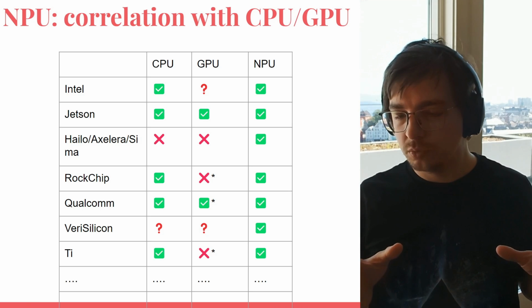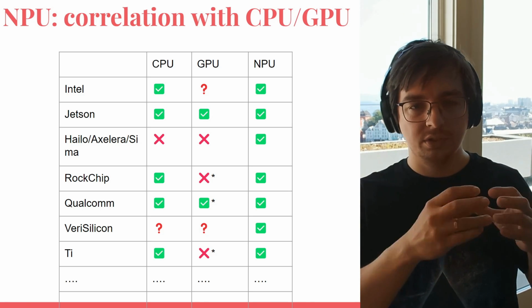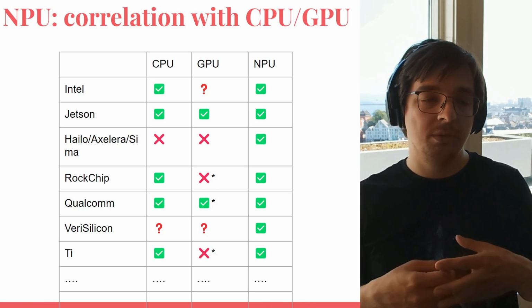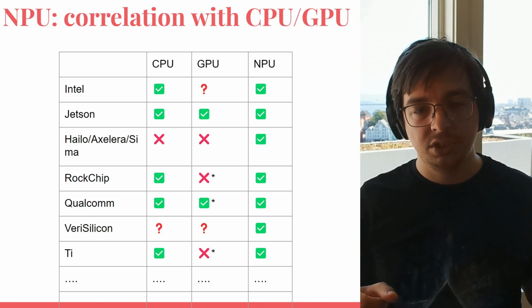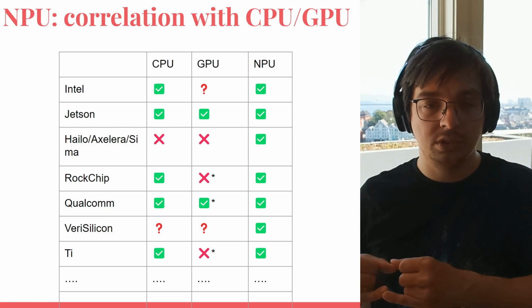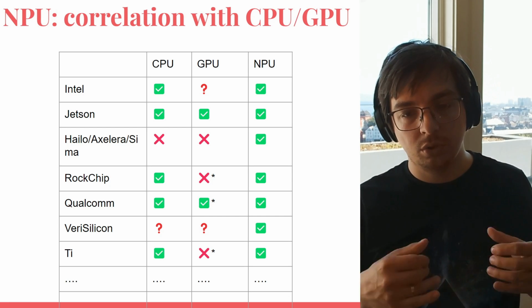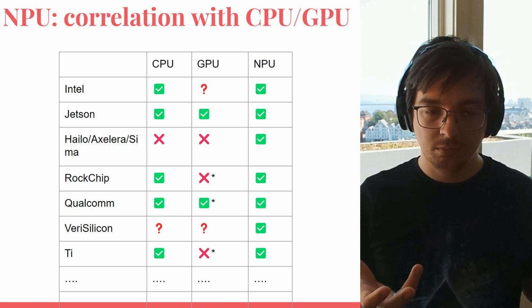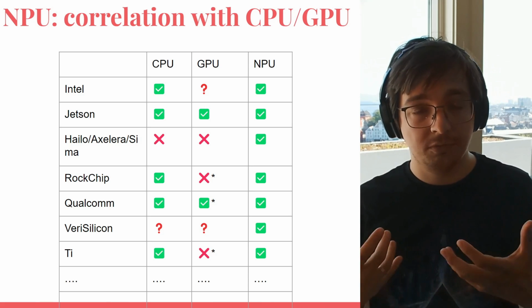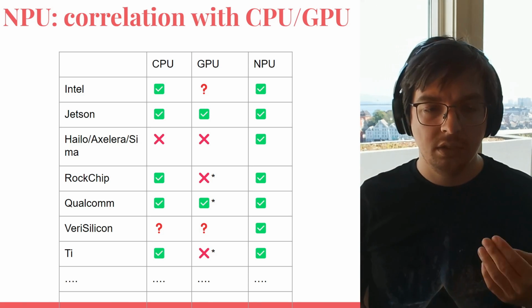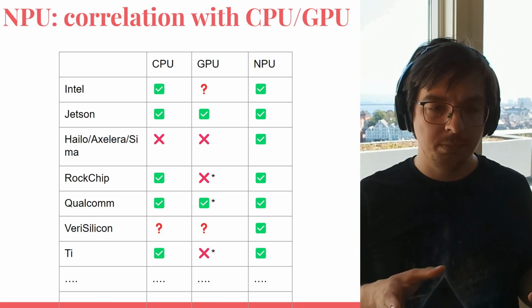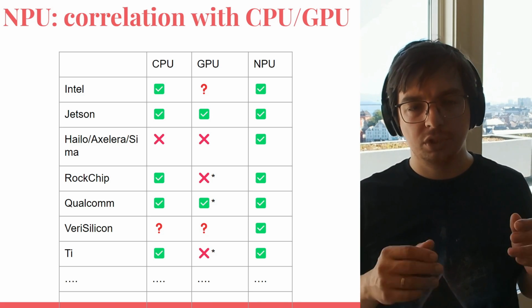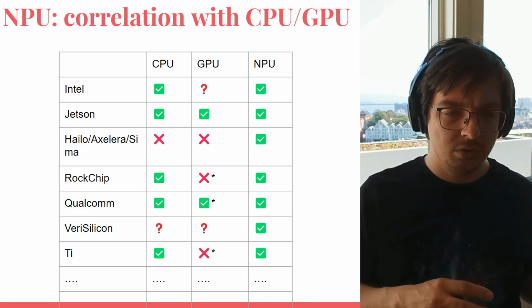There are some boards where it's integrated in the same silicon chip, but for example, for Hailo, Axelera, or SiMa.ai, it's just an M.2 board that connects to your already existing board and performs all the calculation. For some boards, it can be a GPU model, for some it can be only a CPU model.